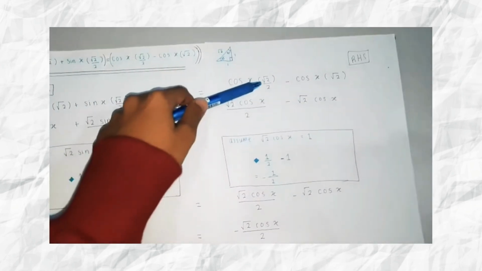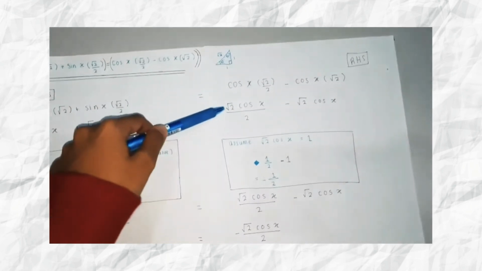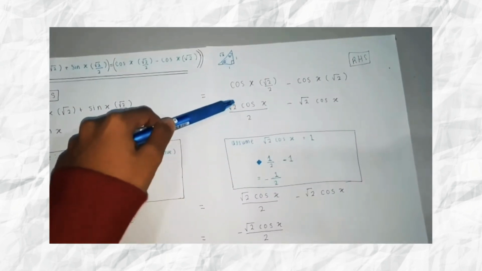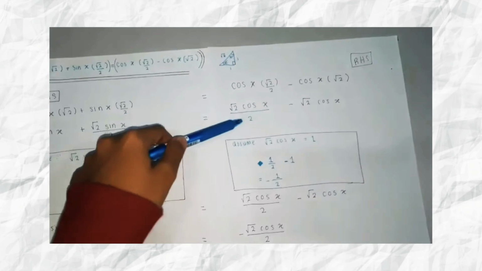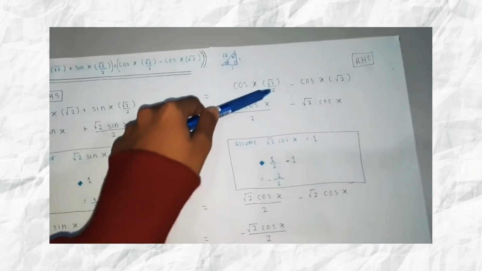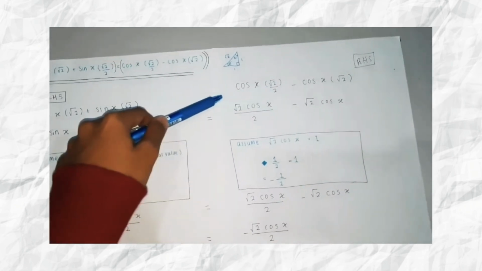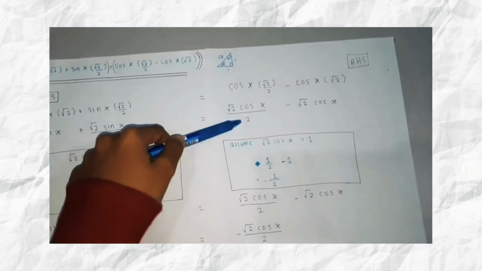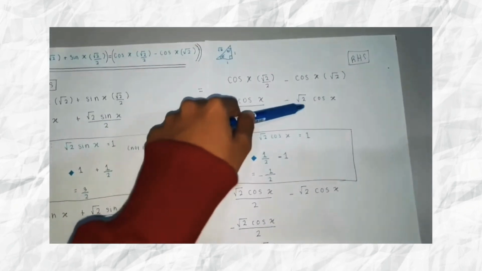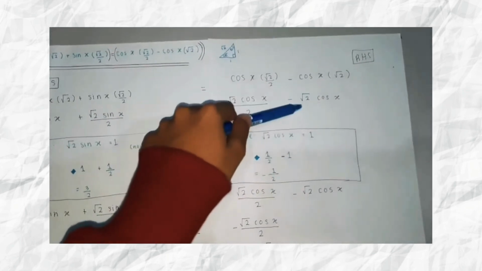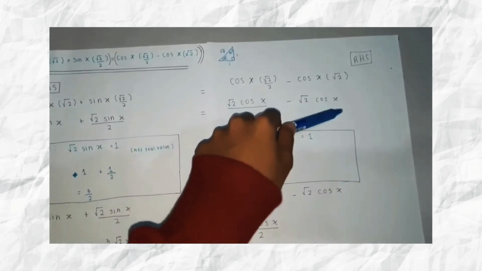I put the square root 2 at the front, and it will look just like this, square root 2 cos x over 2. Make sure that these two will be all over the term. It looks just like this. And this one minus square root 2 at the front, cos x.